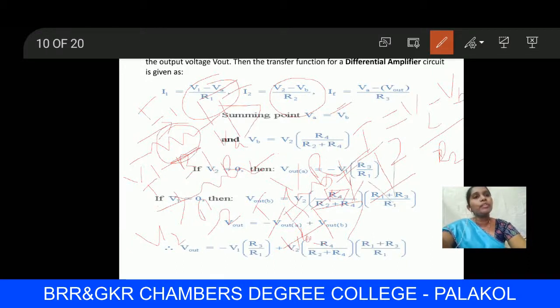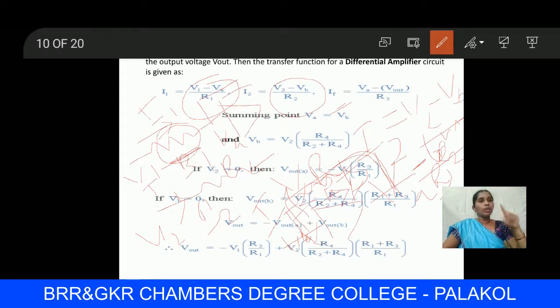Therefore, VA minus, since it is a negative feedback, that's why it will be converted like this: minus of minus V out divided by the feedback resistance R3. So likewise, we write the equations for these three resistors, R1, R2, R3.